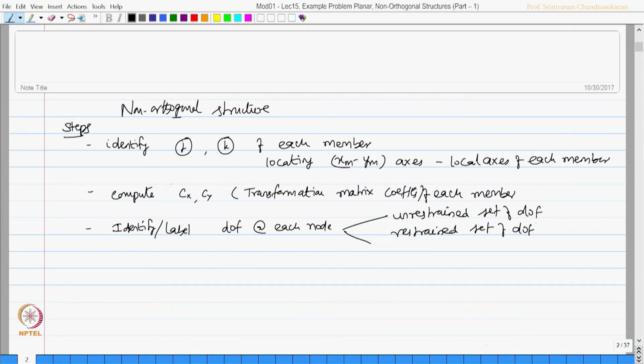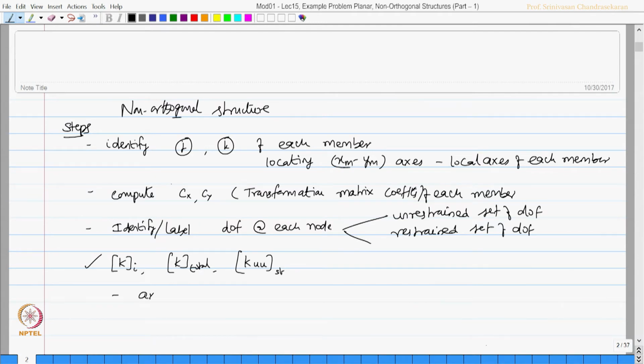We should do this. Then I will know what is the size of each matrix of the member, what is the size of the complete total matrix of the structure. I will also know the size of the unrestrained stiffness matrix of the structure. Now, I can have a clue. I think all of you will agree strongly with me.